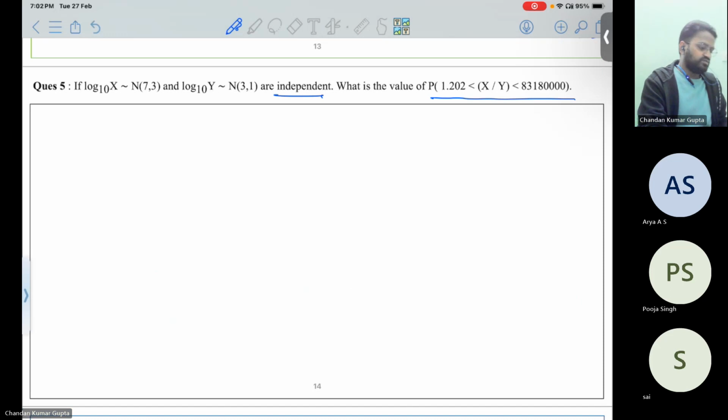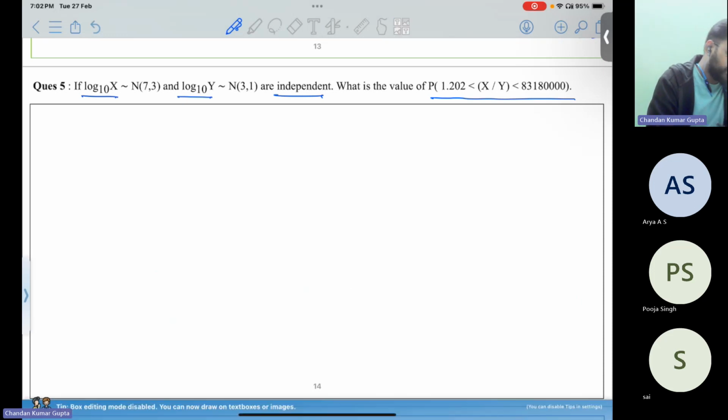First, we are not able to solve this directly like x by y. We have this type of information, so we consider log. We will take log of this value.